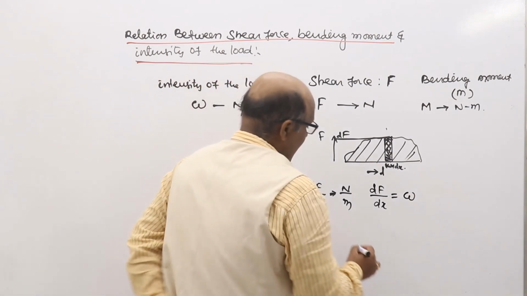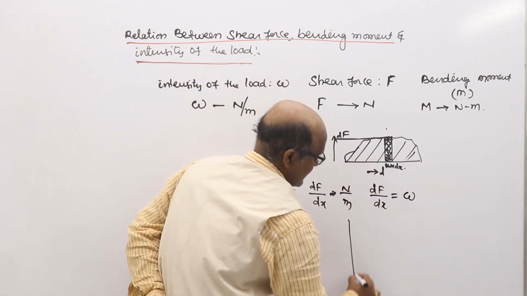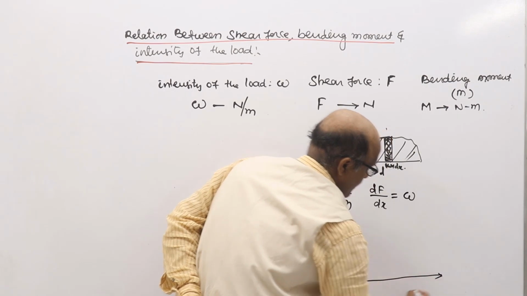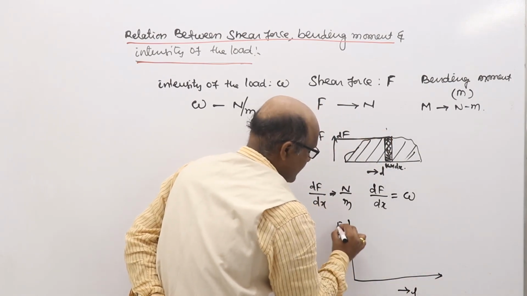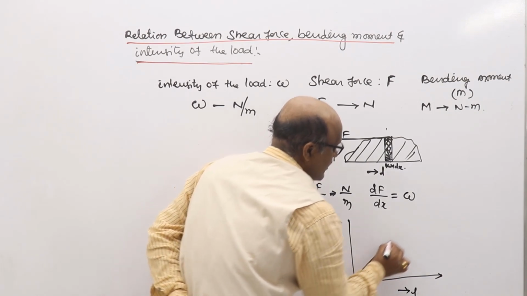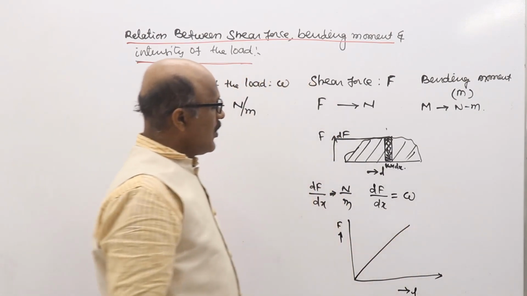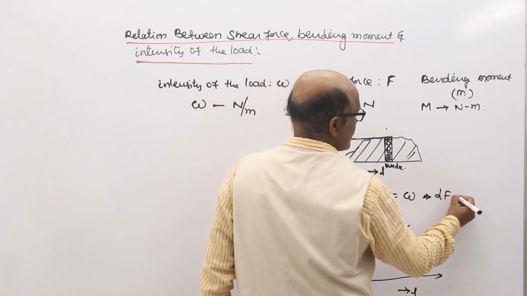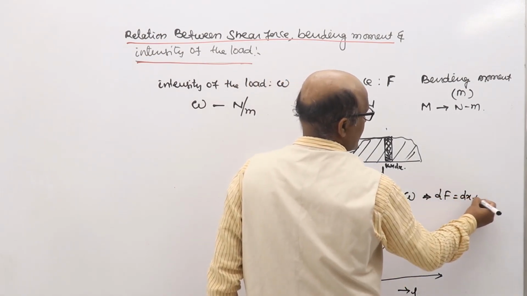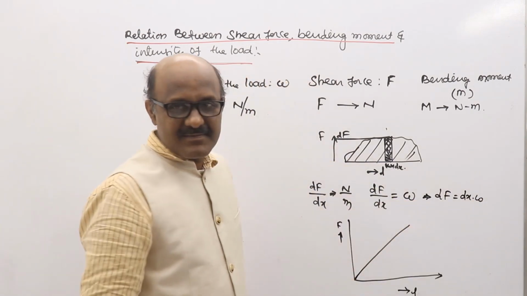Now, we are drawing the shear force diagram. This is the length of the beam, and this is the shear force. It is a graph like this, in the form dF is equal to dx into W, like y is equal to mx.